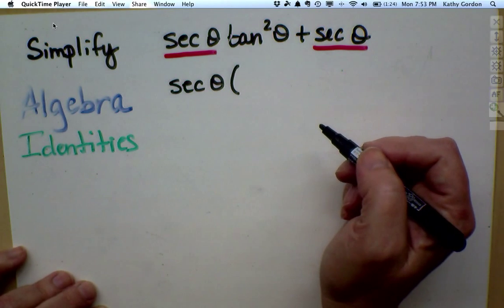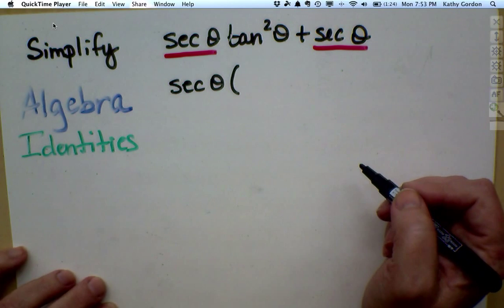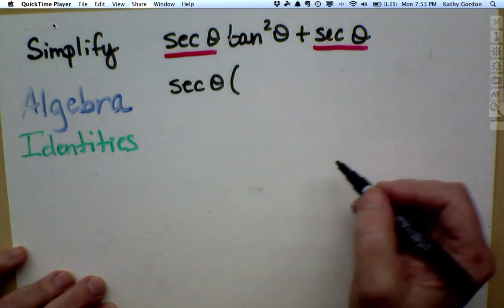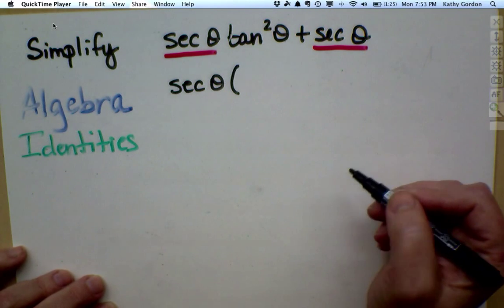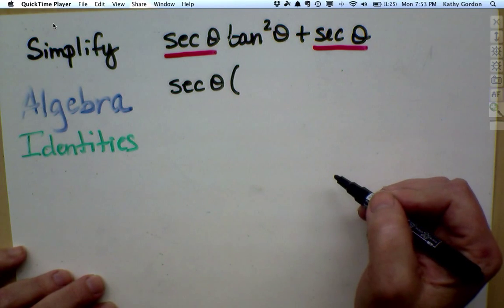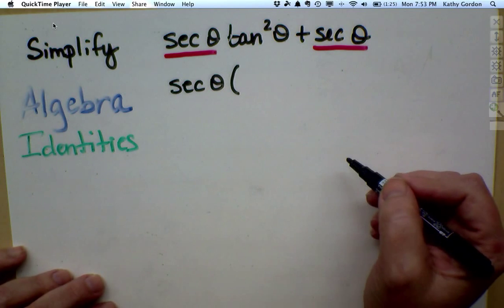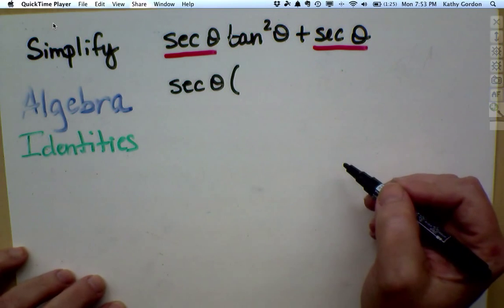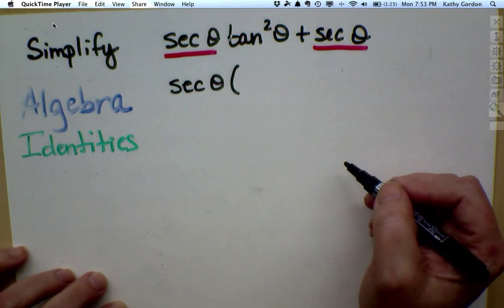There are lots of different possibilities, lots of different ways that are going to work, and the only way you get good at it is through lots of practice. And so you have to be willing to try something to see if that helped. If it didn't, go back and try something else. If it seems like it did, then continue on to your next step. But you cannot be afraid to try something, and if it doesn't seem like it's working or it doesn't seem helpful, go back and try something else.